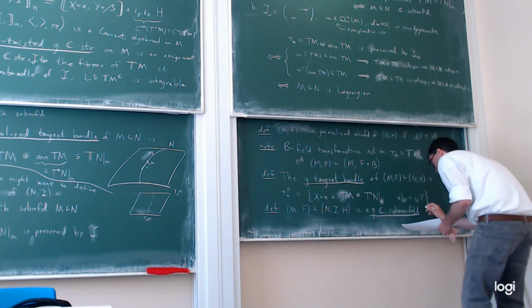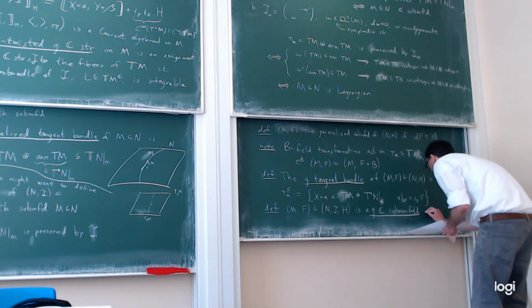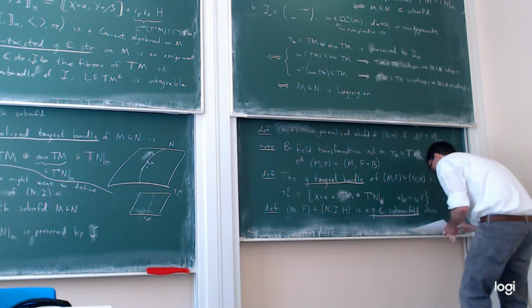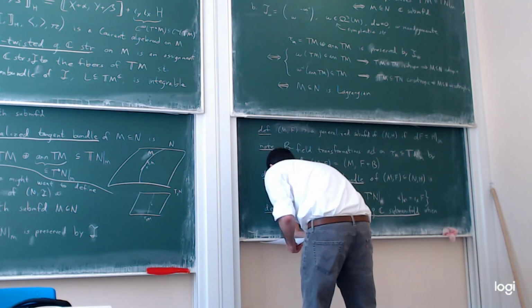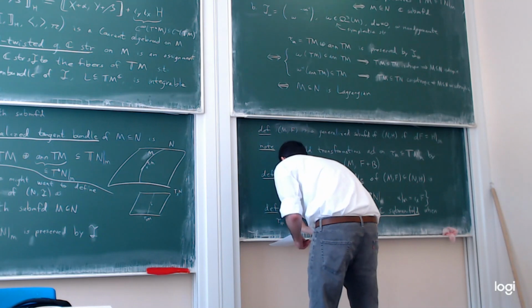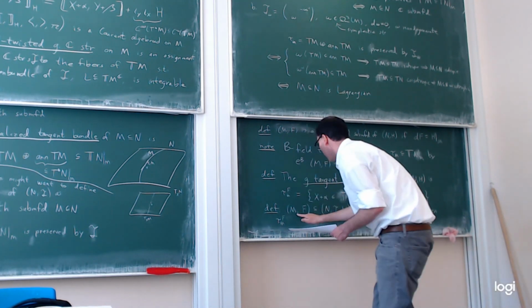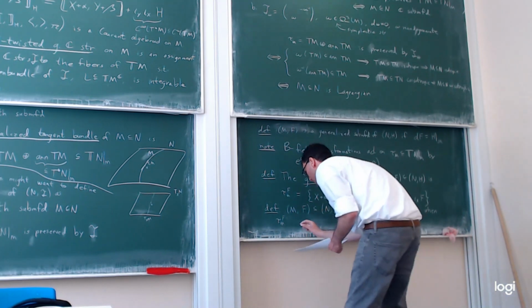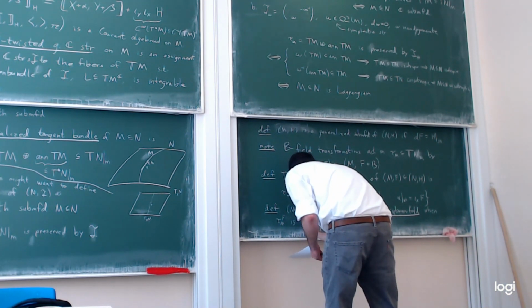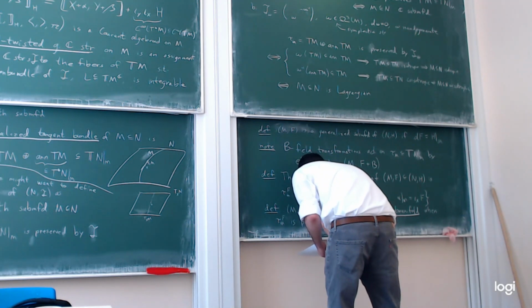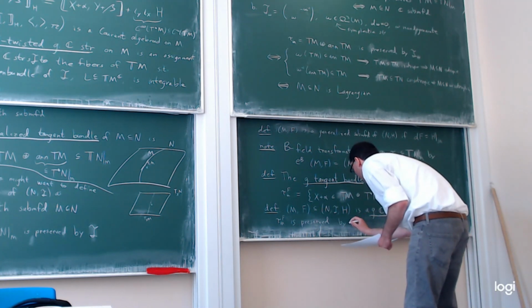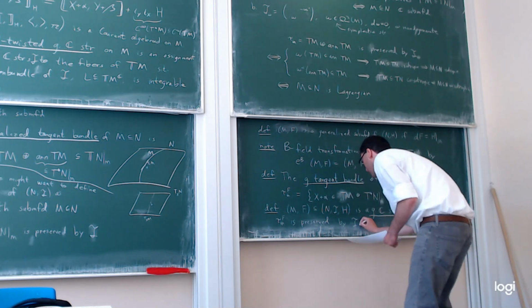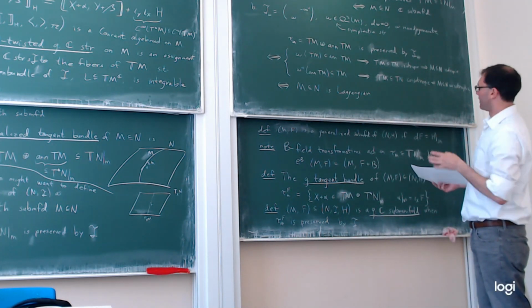so this is the real definition, is a generalized complex submanifold when the generalized tangent bundle of this generalized submanifold is preserved by the generalized complex structure J. And that's it.